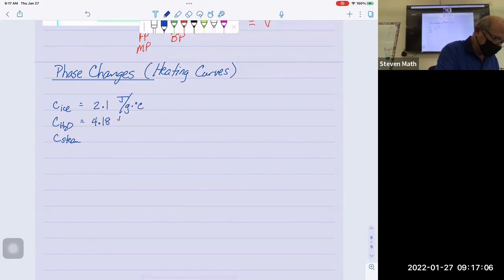Okay, that sounds familiar. And you see a couple of different values for this one. Sometimes you see 2.0. We'll stick with 1.8. Pretty common.